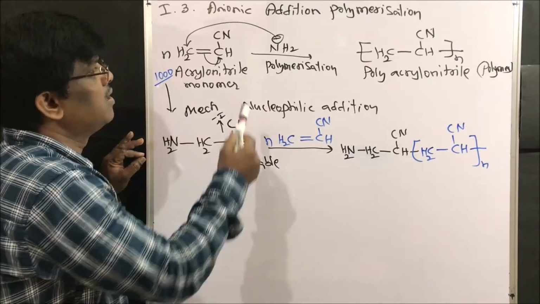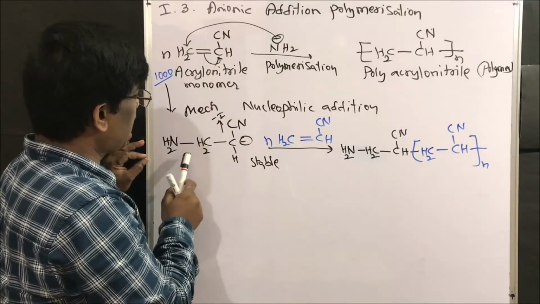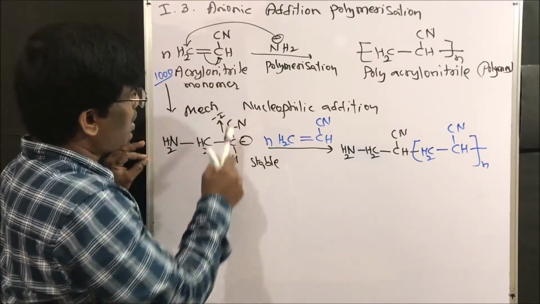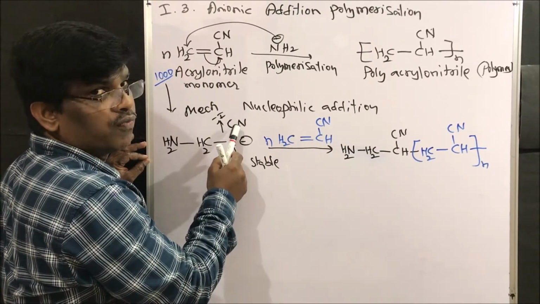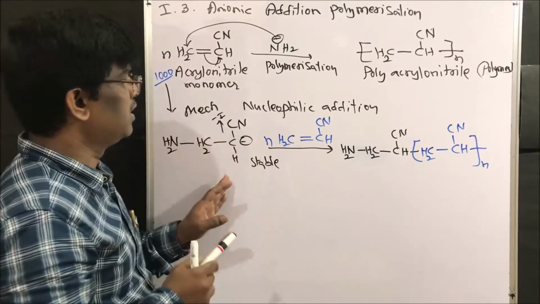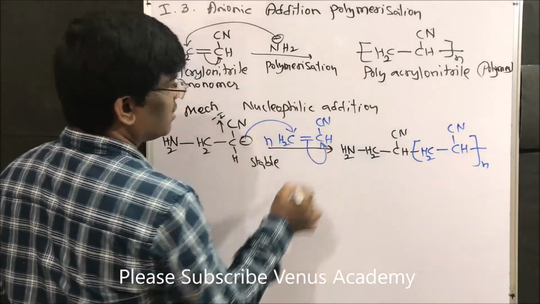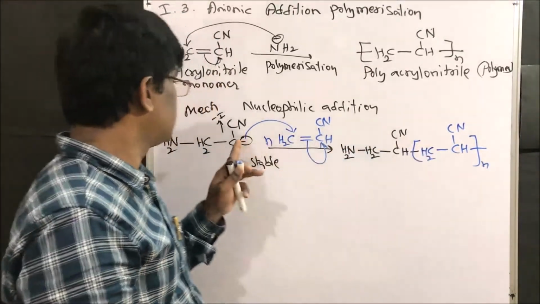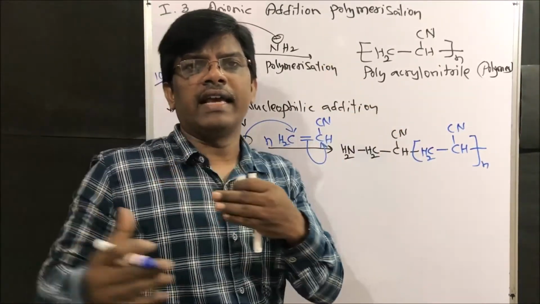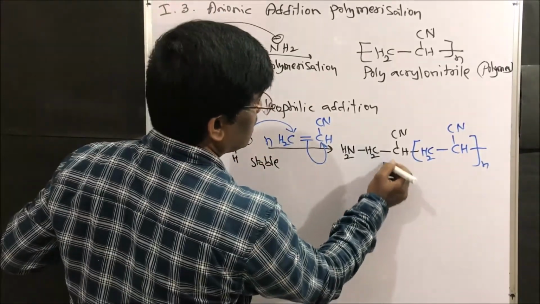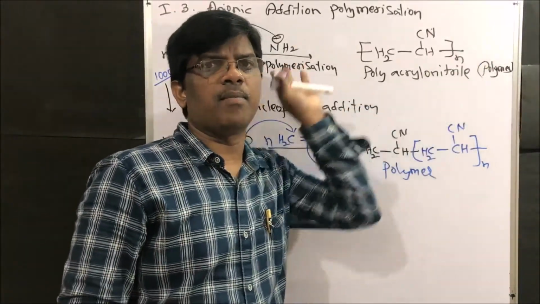Please search in that. So the amine is a nucleophile which initiates and reacts on this side, and it forms this anion. This anion is stable because of the presence of the nitrile group, which is a minus I group. This negative charge is going to react with this, forming an anion on this side similar to this, and then another one goes on extending to give the polymer. So what is the polymer? Polyacrylonitrile we are going to get. This is the polymer. Yes friends?